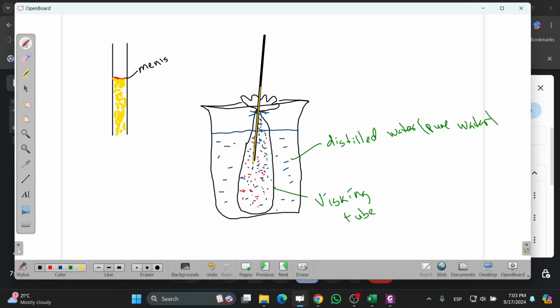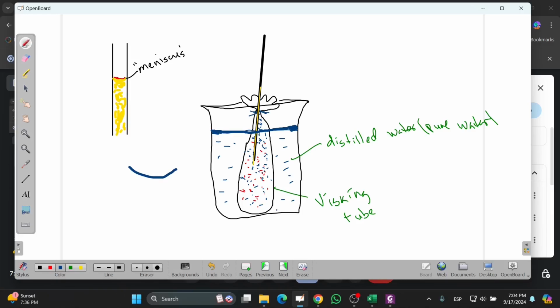Meniscus. The meniscus is actually the top line of a liquid in a container. If you have water in a container, the surface will not be flat. It will be kind of bending a little bit inside there, right? So like this water inside this beaker, the surface will be kind of bending a little bit upwards by the edges.